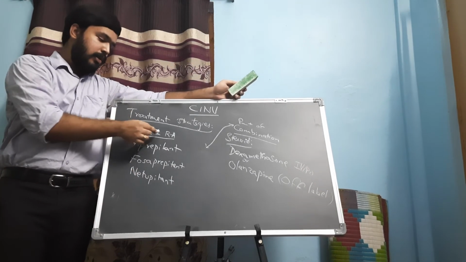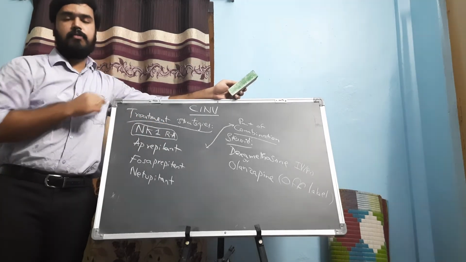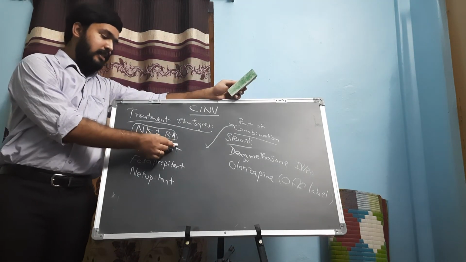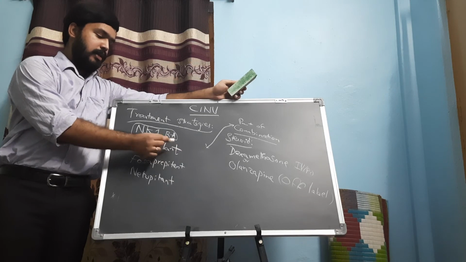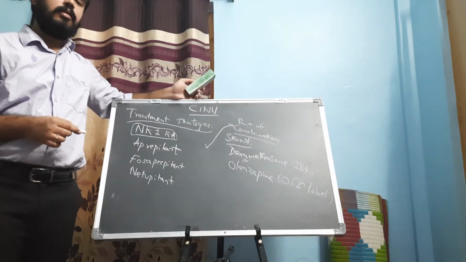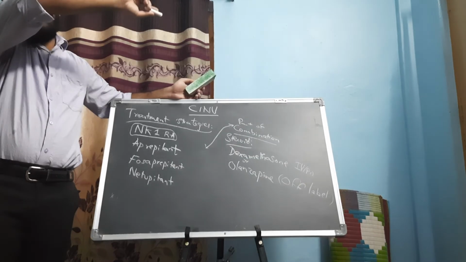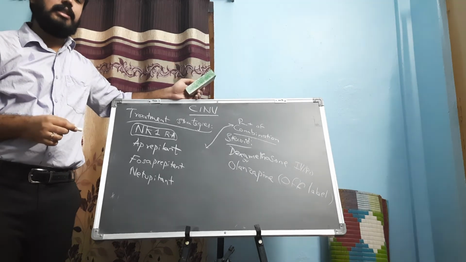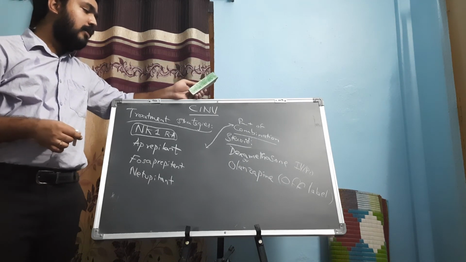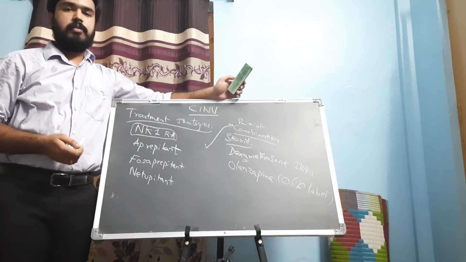So neurokinin 1 is also one of the neurotransmitters which plays a role in the pathophysiology of nausea and vomiting. So these agents bind to that receptor and block the transmission of the nausea and vomiting inducing impulses. So these are the recommended agents for the treatment of nausea and vomiting.